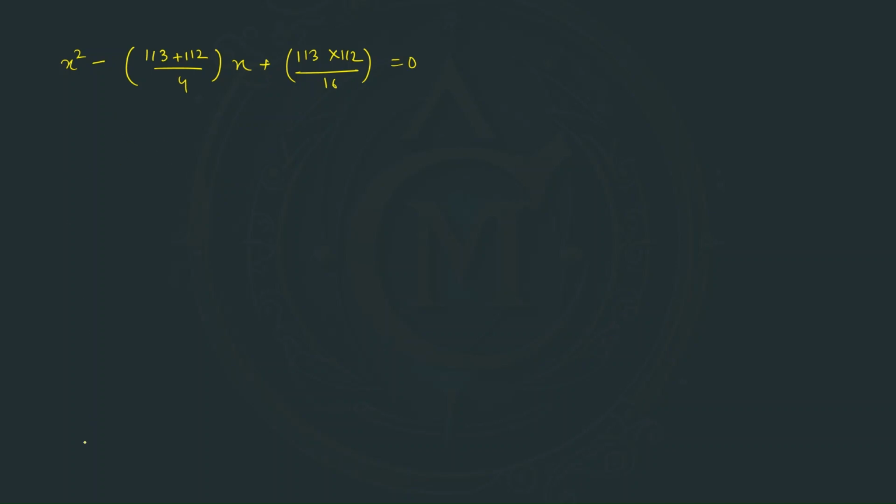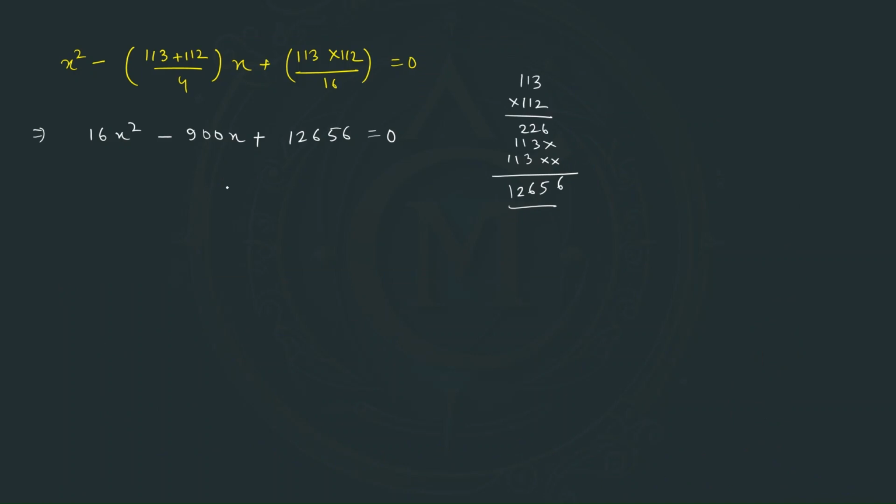If we multiply by 16 here, we get 16x square minus 900x plus 113 times 112, which comes out to be 12656, equal to 0. That means we can apply Newton's identity to this quadratic.